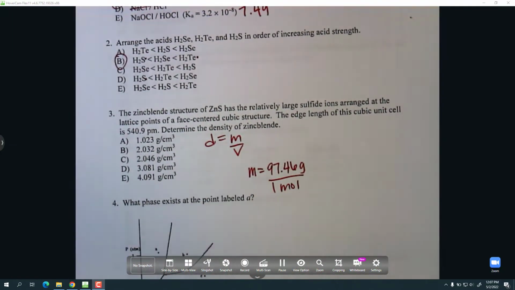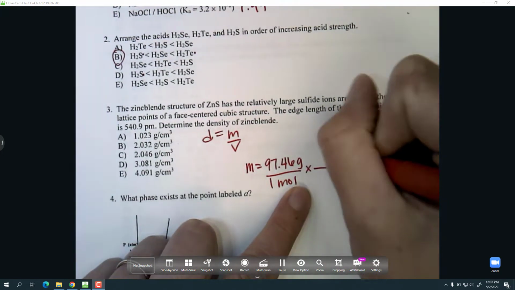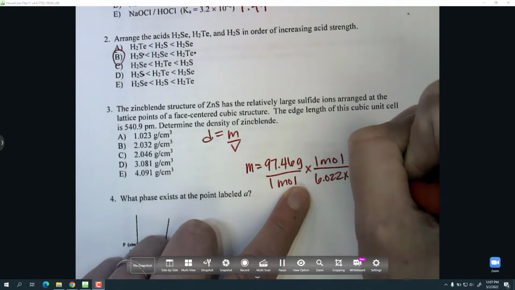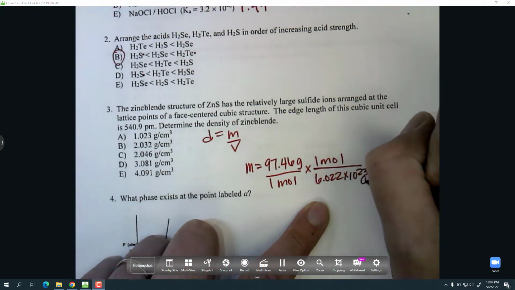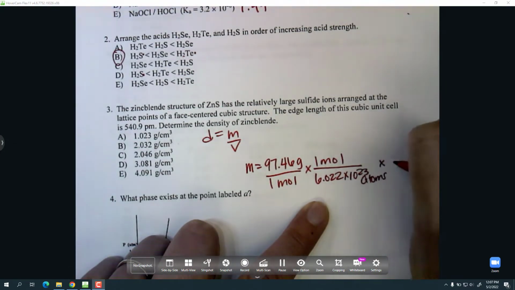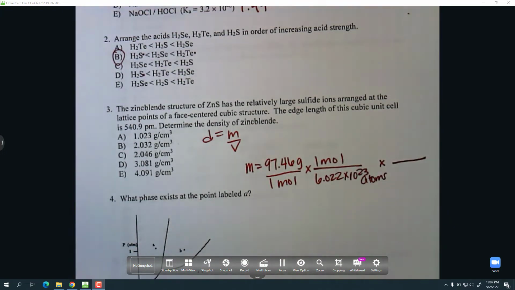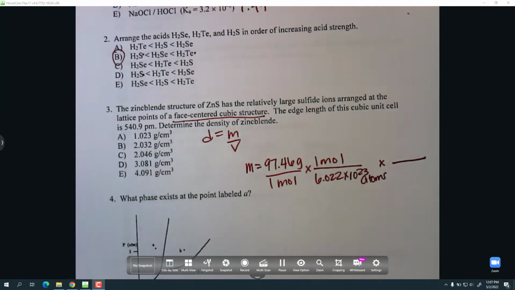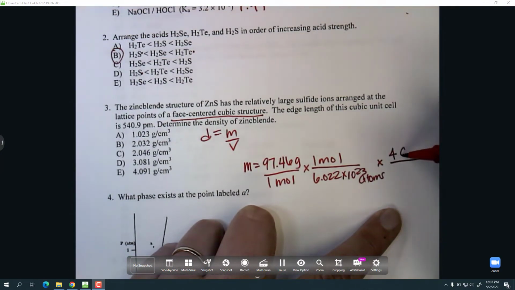What I want to know, remember, is grams per unit cell. So I'll convert that. First, I'll convert 1 mole to 6.022 times 10 to the 23rd atoms. And then I need to know, let's see, face-centered cubic. Okay, so face-centered cubic means there are 4 atoms per unit cell.